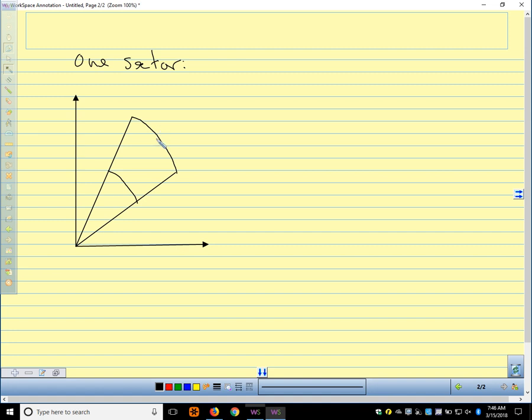So this is region r sub i. I'm going to say that this is the radius equals a and the radius equals b here. And the angle here is delta theta. And this here would be delta r. And we call this a polar rectangle. This little r sub i is a polar rectangle.